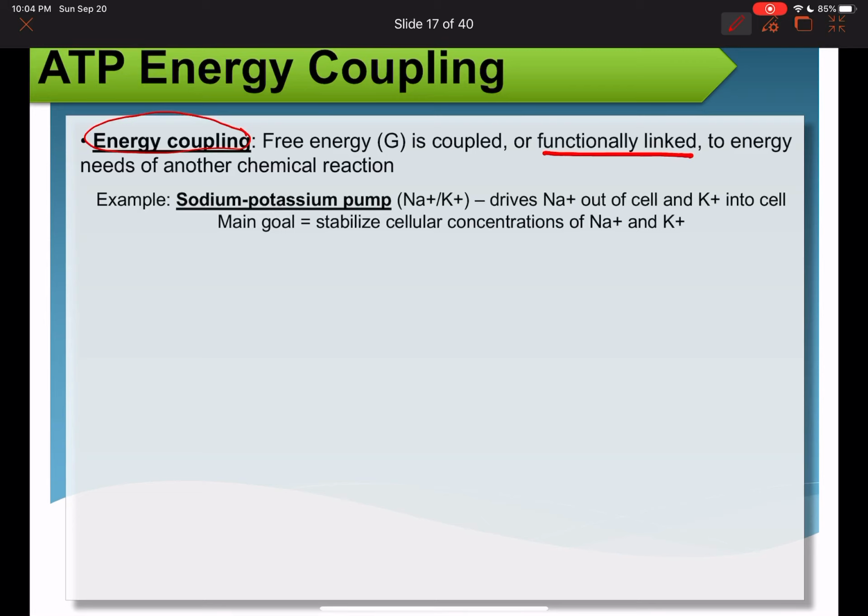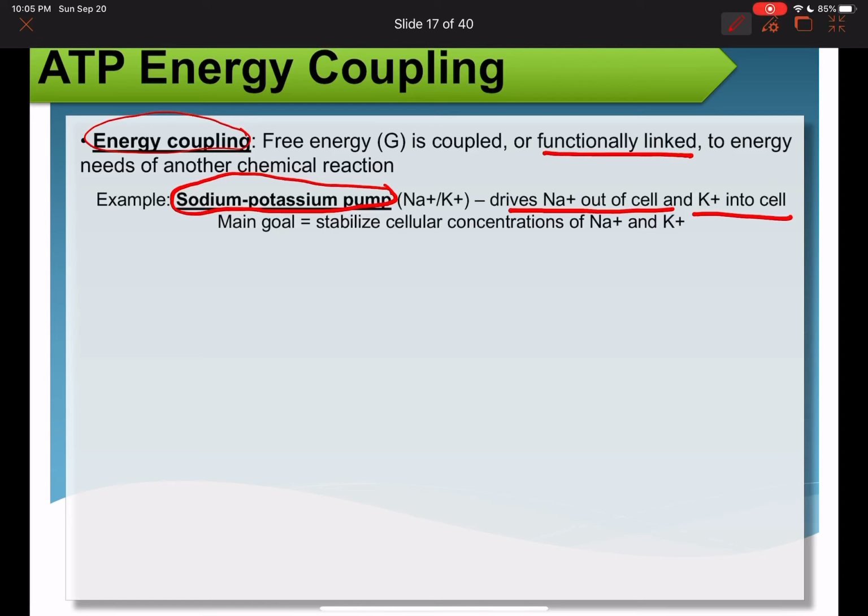Notice how this particular protein is called the sodium-potassium pump, and it is the perfect example of what we mean by energy coupling. The sodium-potassium pump in a cell is in charge of driving sodium ions out of the cell and potassium ions into the cell.